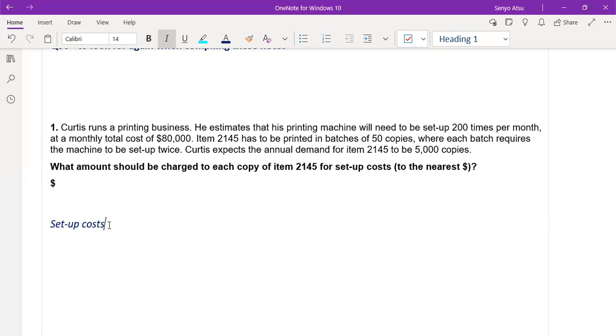The cost is $80,000 for setup. Activity-based costing absorbs overheads on the basis of cost drivers.